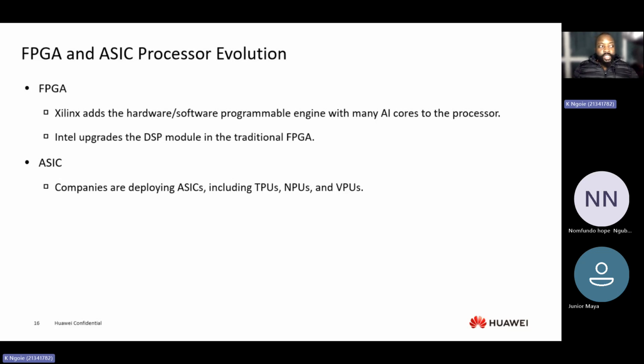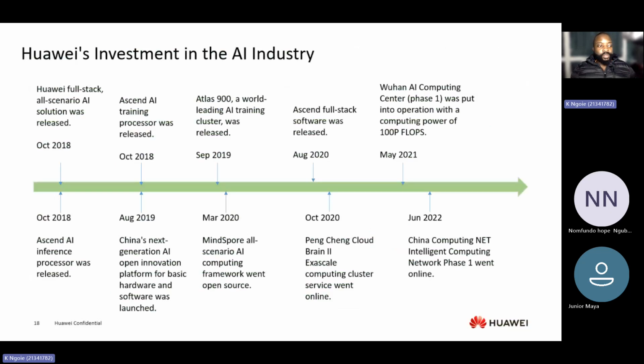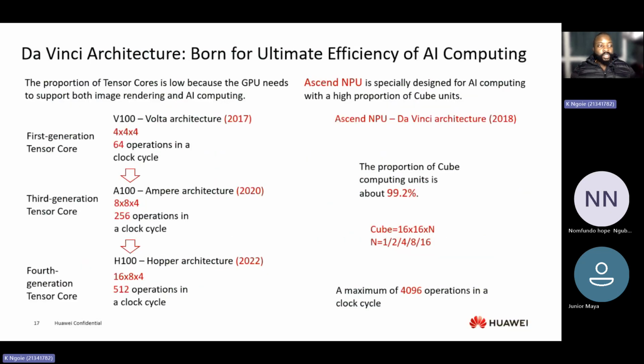That's why we need AI accelerators, which we call processors. These processors will be used in different devices, depending on whether the device is made for training or for inference.